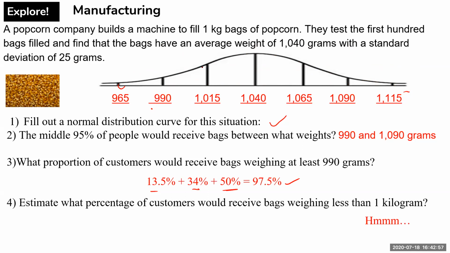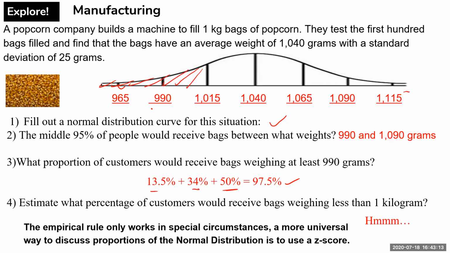Less than 1,000 should be somewhere there. But we will discuss this in detail when you get to z-scores, because when you use z-scores, we get the exact answer rather than using these percentages. Okay, so we will look at it in detail.